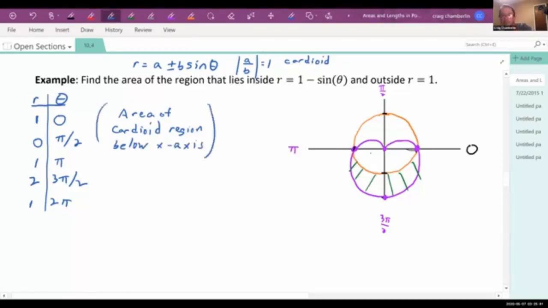That's including this part too. What could we do though with that area of the semicircle? Subtract it from the area of the cardioid. Yeah, so we could subtract the area. It's really the area of the circle below the x-axis, half the circle, area of semicircle. And that would be a good way to think about it.